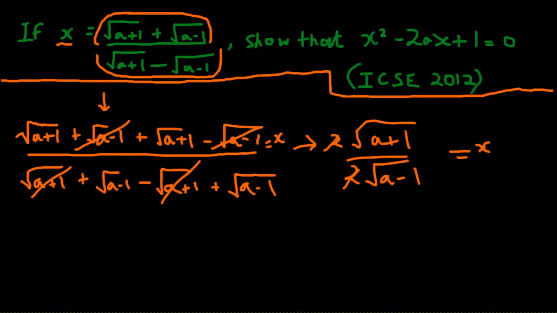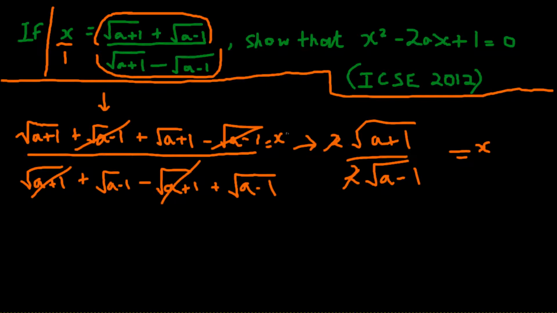Now remember that when you have a whole equation like this and you're applying componendo dividendo to the right hand side, at the same time you need to apply it to the left hand side as well. So if you look at this, it's actually x upon 1. So a is x and b is 1. So keeping that in mind, you need to apply componendo dividendo.